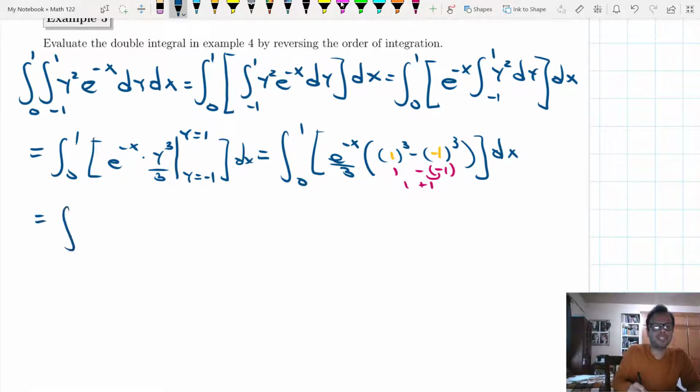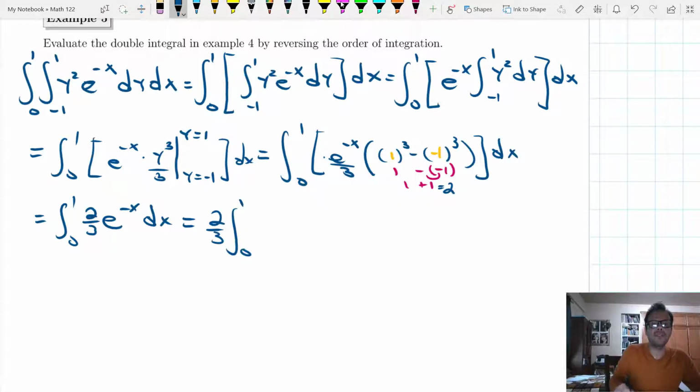The integral from 0 to 1 of basically 2/3 e to the negative x. Where is this 2/3 coming from? This adds up to 2, but this gets multiplied with e to the negative x here, and this 3 in the denominator is the denominator of the 2/3. I'm going to write down the 2/3 outside of the integral, 0 to 1, e to the negative x dx.